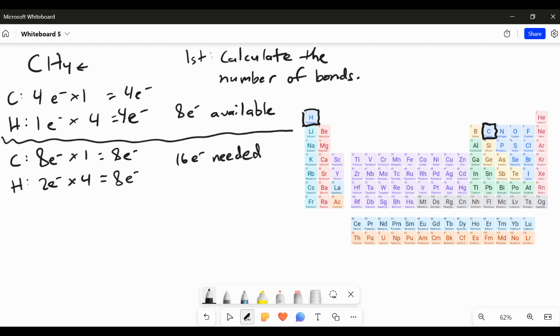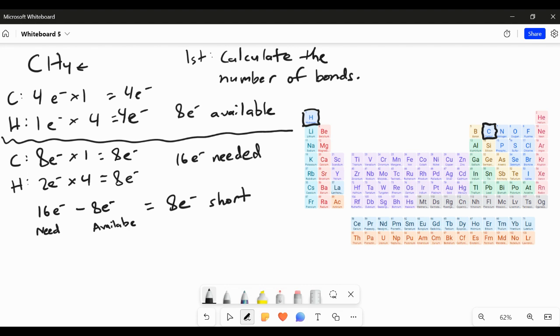What we do is we take the number of electrons that we need and we subtract the number of electrons that we have. And the result is that we're 8 electrons short. So if we were to just fill these up with the electrons we've got, we would be 8 electrons short.